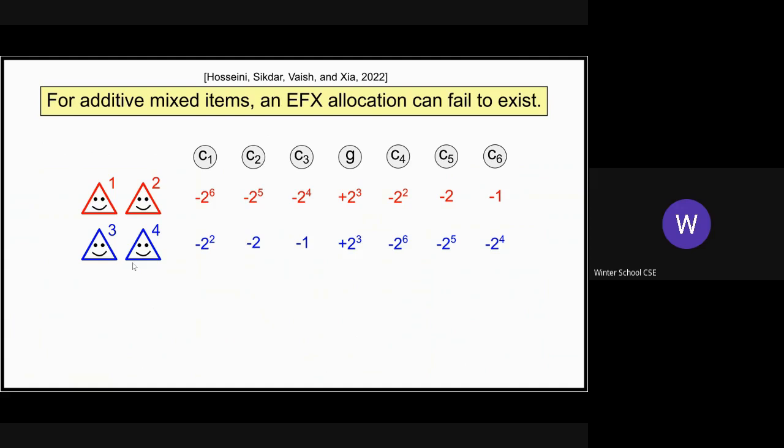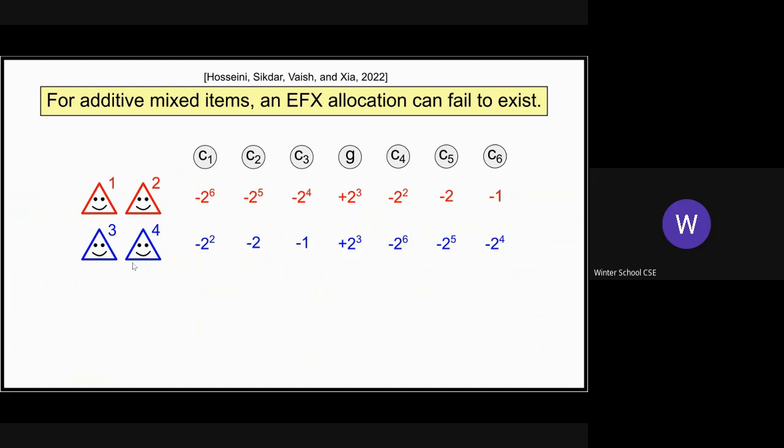So it's a very restricted setting, a very restricted counterexample. Another interesting thing is that every item is either a chore for all agents or a good for all agents. So there's some objectivity when it comes to the items. Everyone is convinced that an item is either a good or a chore. It's not like an item is perceived as good by someone and as a chore by someone else. So there is some consensus in that sense.